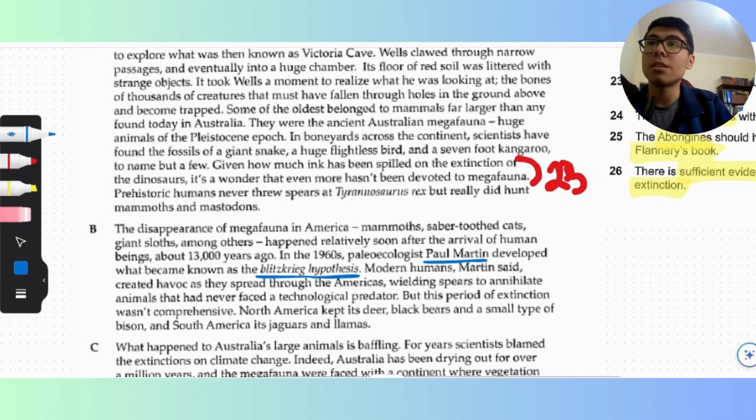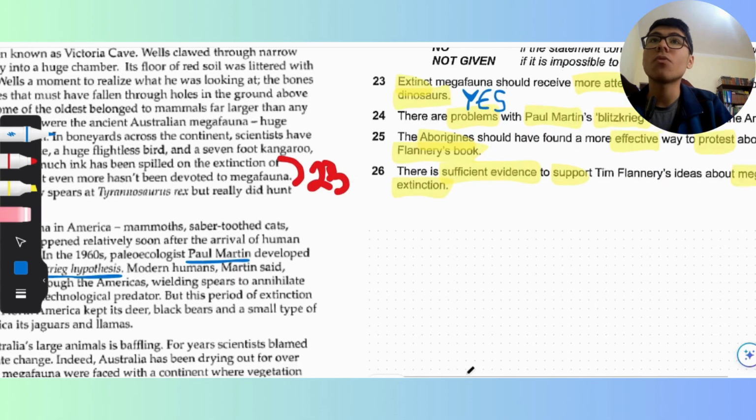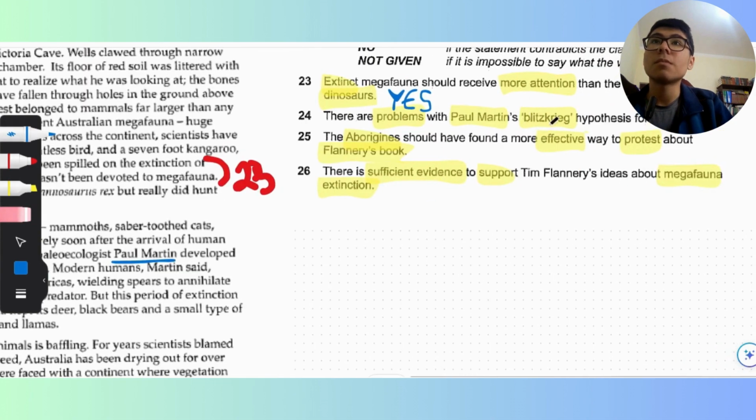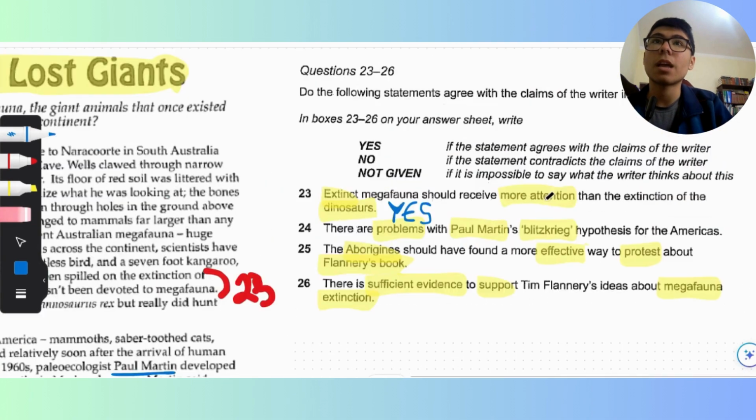So there was a mention of Paul Martin's Blitzkrieg hypothesis for the Americas, but have they talked about problems? No, right? There was not enough information. As I said before, it can also be yes, it can also be no, and we don't really know.